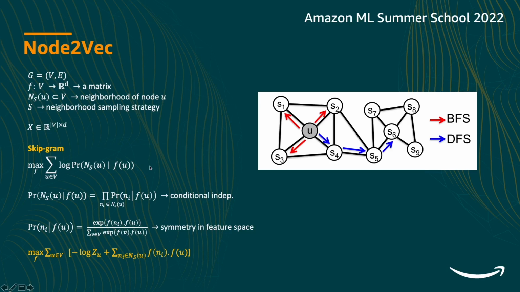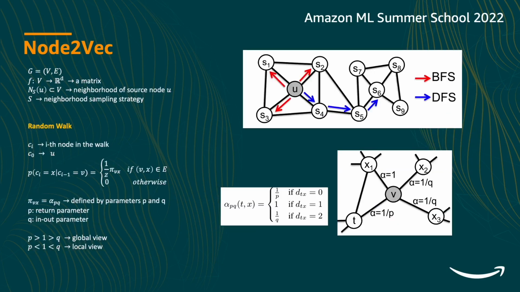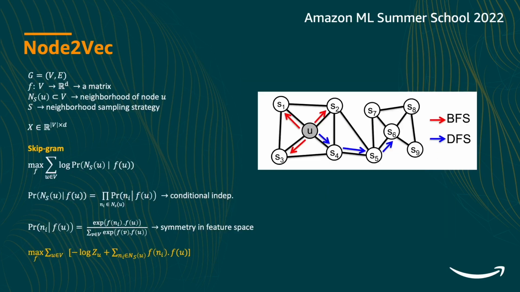Now, similar to what we've seen previously, this is difficult to optimize. So we make some simplifying assumptions. The first one is conditional independence. Again, we assume that once we know the representation of the source node, all the other elements of the sampled neighborhood are independent from each other.